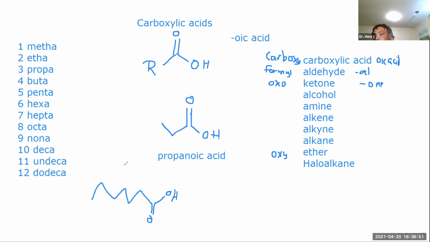Longest carbon chain is six. Heptanoic acid. 8 octa. 7. Oh, 7. That's right. Hepta. So heptanoic acid. That is correct.